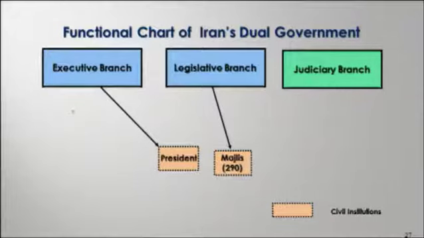The last election was in March of 2012, and in this election the conservatives and hardliners further solidified their control and their earlier gains after 2004 and 2005 when Ahmadinejad became president.